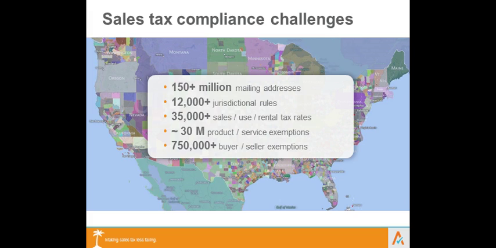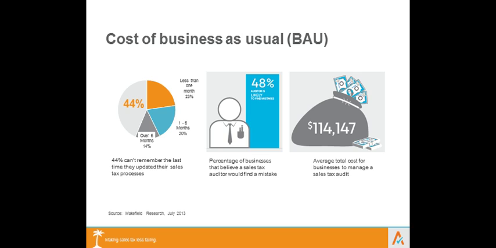You have 30 million product and service exemptions related to the way that the things that you sell are taxed. And on top of that, you've got buyers by nature of what type of organization they are or the way that they're using a product that have customer-based exemptions as well. So it's a pretty challenging, complex area for companies that requires some expertise and for many requires a lot of research.